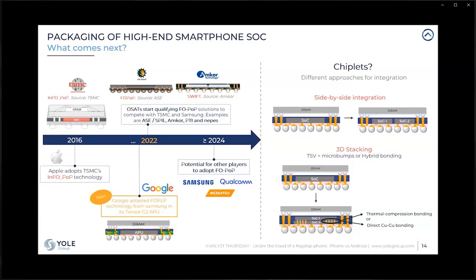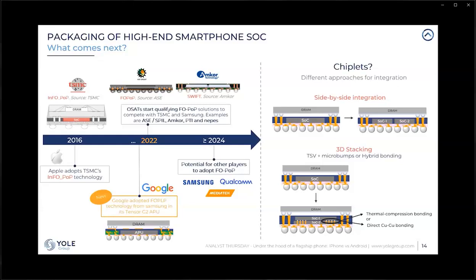At the moment, in terms of suppliers, we only have TSMC and Samsung, but also OSATs are developing similar approaches with a competitive price. Of course, OSATs will also need to increase their capacity to be able to respond to the demand of high-end smartphones, because there are big volumes coming from there, and they will need to have the OEMs coming from them to production.